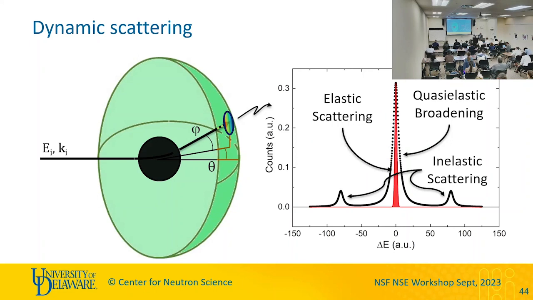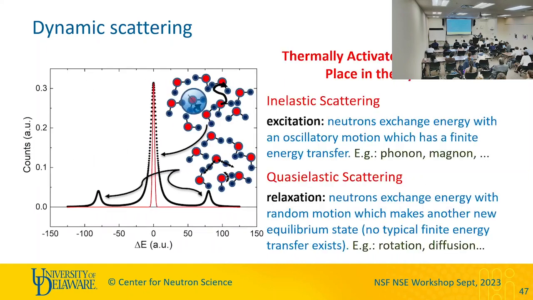Elastic scattering is by definition the amount of scattering that is resolution limited. It's basically just centered at 0. Static scattering is the total. So what about inelastic and quasi-elastic? Inelastic scattering is caused by harmonic motion in your system, vibration, where you have a certain frequency associated with the motion.